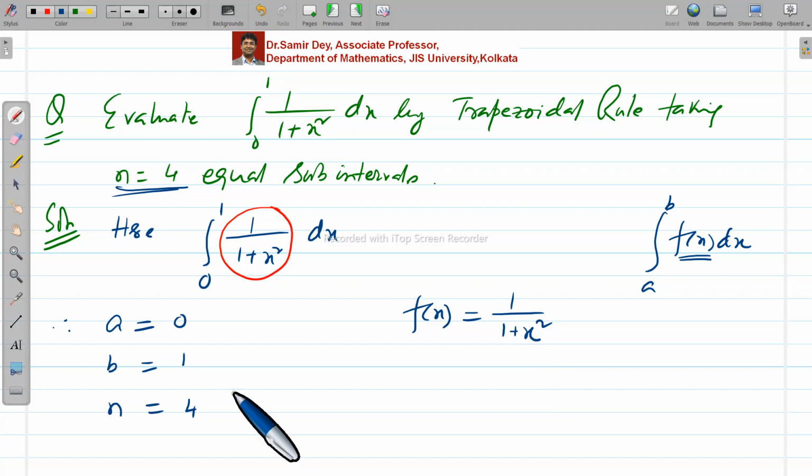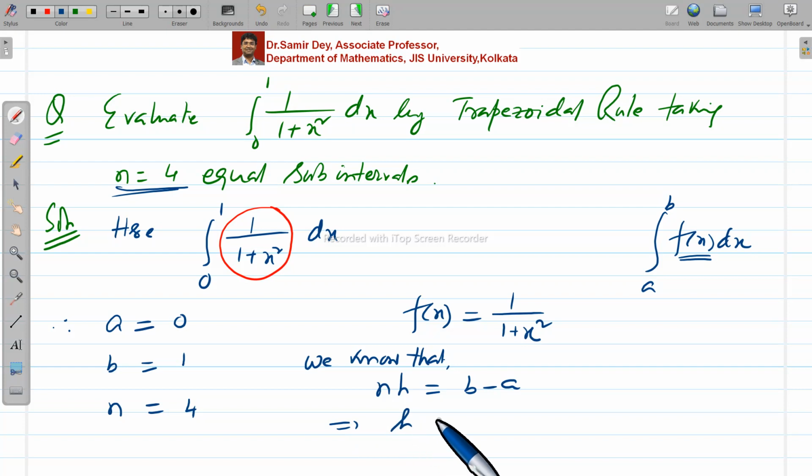Now another one is left, that is h. Please write down, we know that nh equals b minus a.